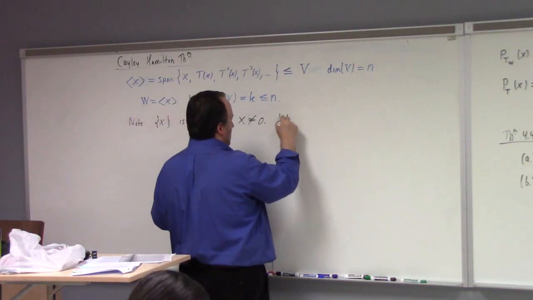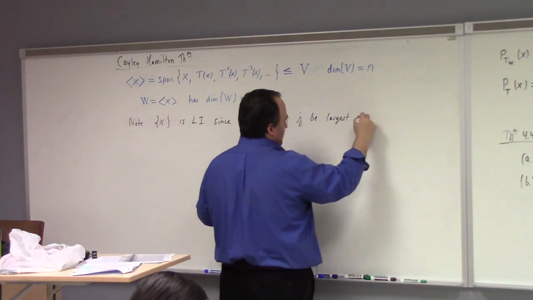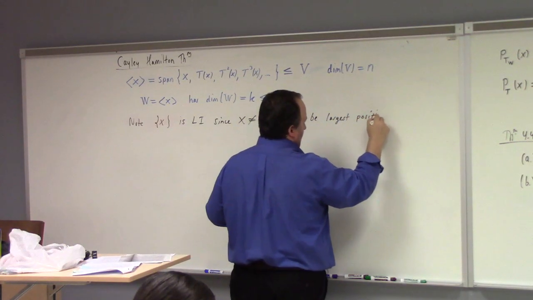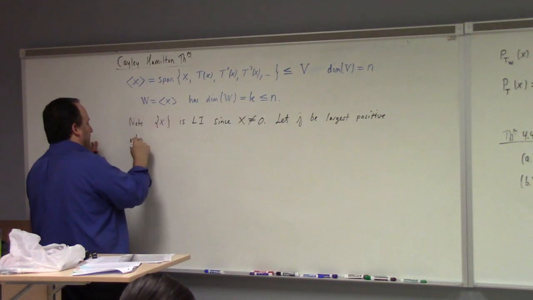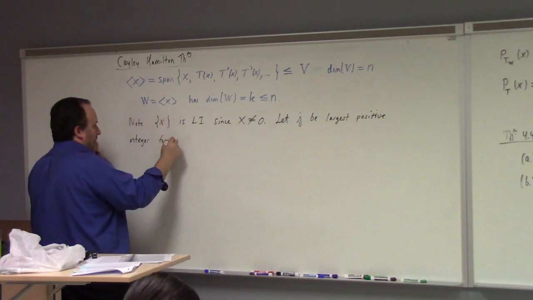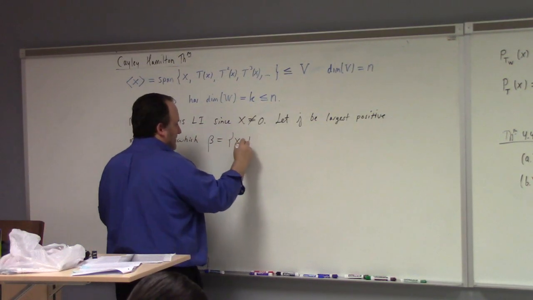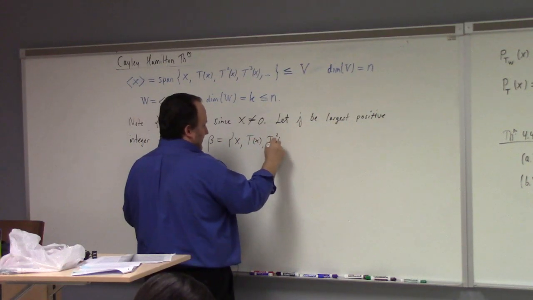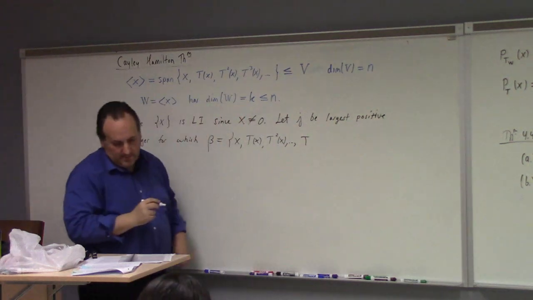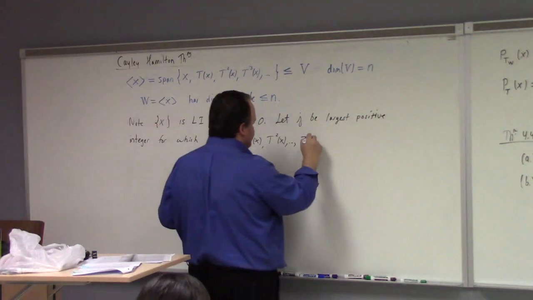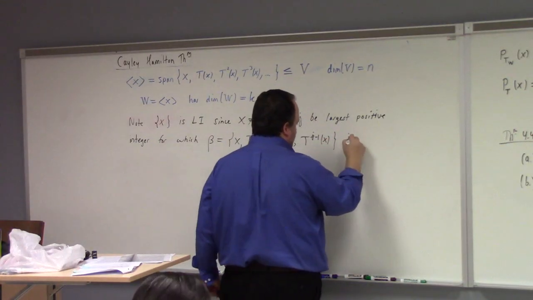Let j be the largest positive integer for which beta, x, T of x, T squared of x, and so on, up to T^(j-1) of x, is linearly independent.